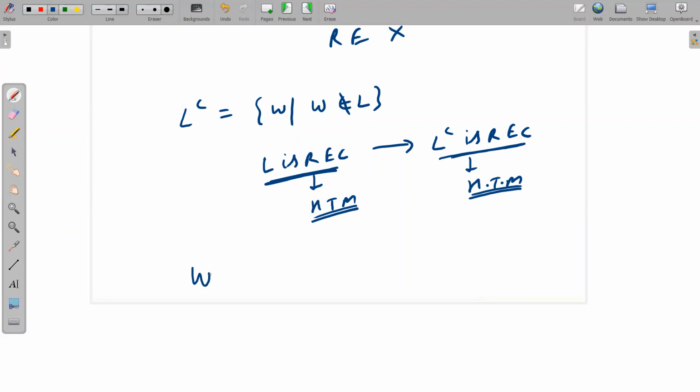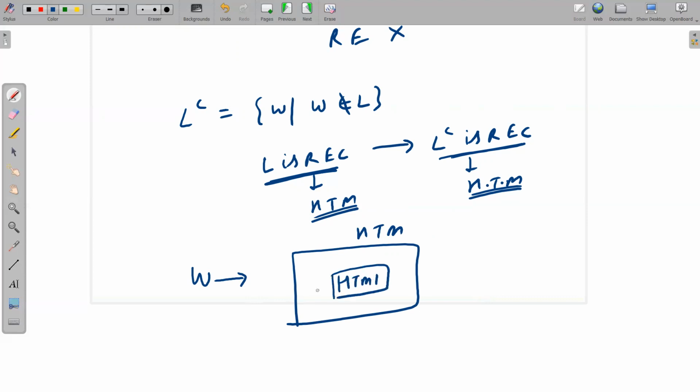I will give W to a big Turing machine HTM, and this HTM will internally call HTM1. W will be given to HTM1. If HTM1 says yes, your big Turing machine will say no. If HTM1 says no, your big Turing machine will say yes.